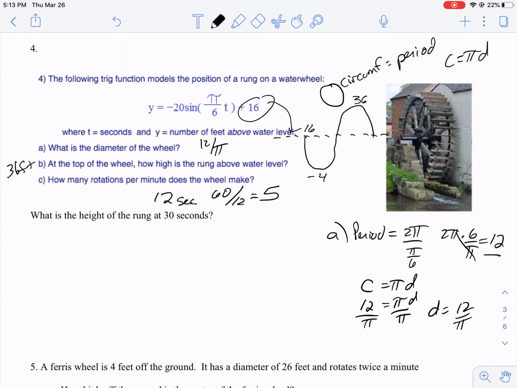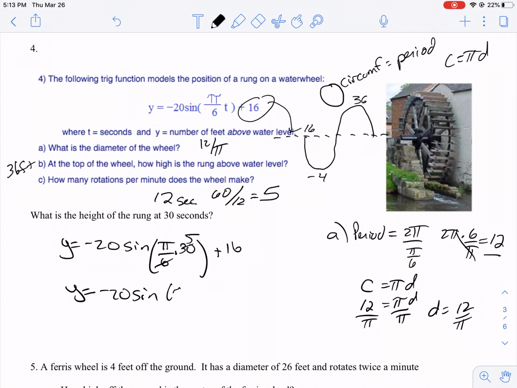What is the height of the rung at 30 seconds? We need to plug it in. Alright, so y equals -20 sine, that's going to be a 5 pi plus 16.